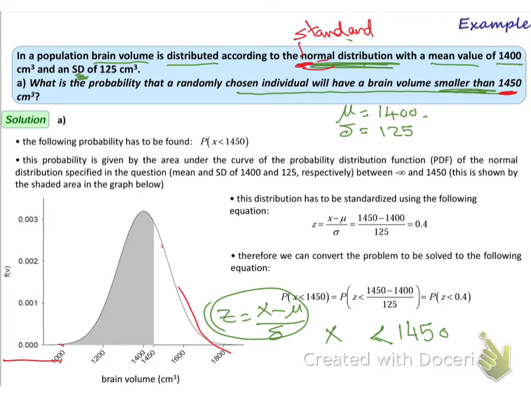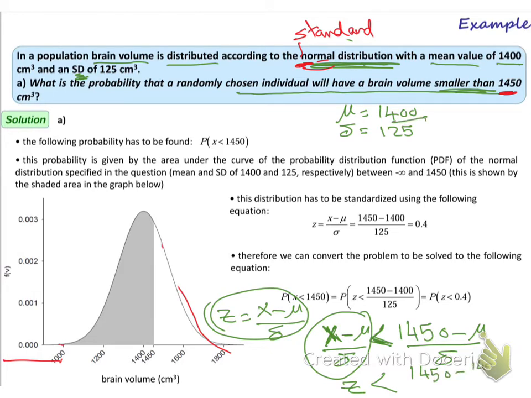I have x less than 1450, so I subtract mu and divide by sigma on every side. x minus mu divided by sigma is z. So z is less than 1450 minus mu, which is 1400, divided by sigma, which is 125. So z will be equal to 0.4.